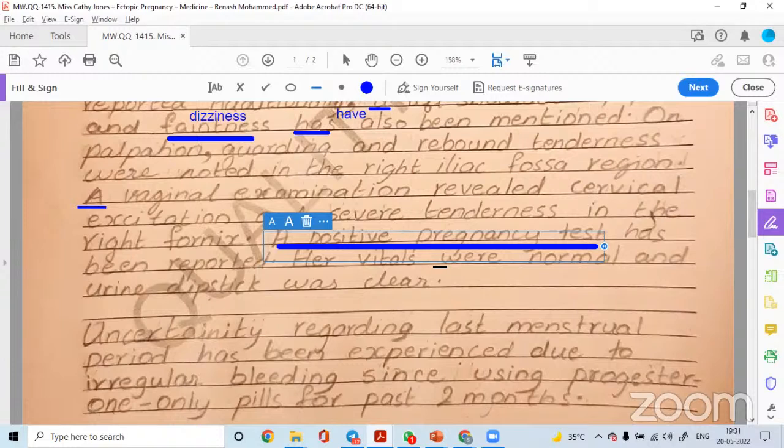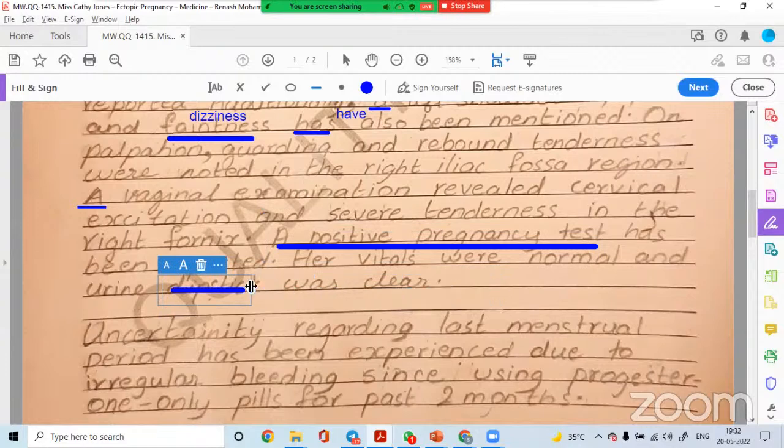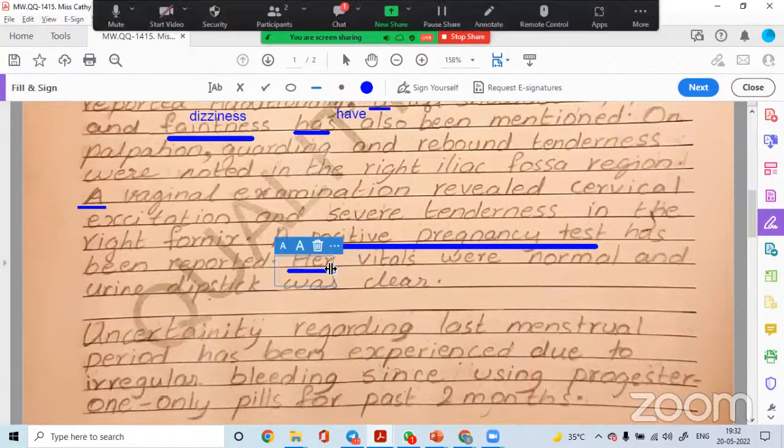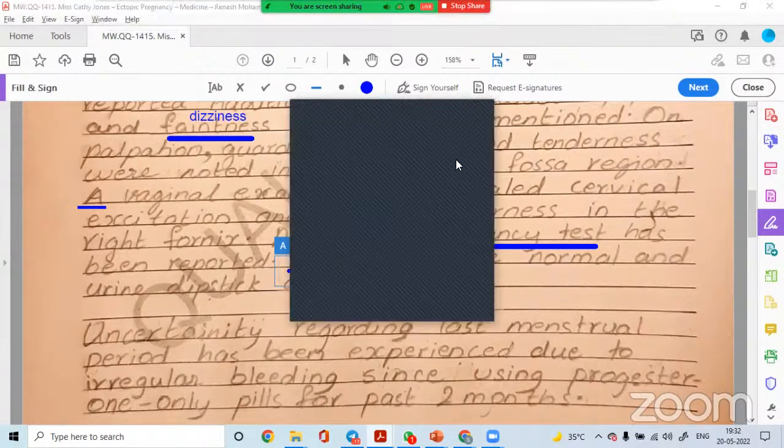Like that you can join the sentences. Her vitals were normal and urine dipstick was clear. Okay, fine. Avoid using "her". You can say the vitals. The vitals. Okay, normal vitals and urine dipstick were mentioned.